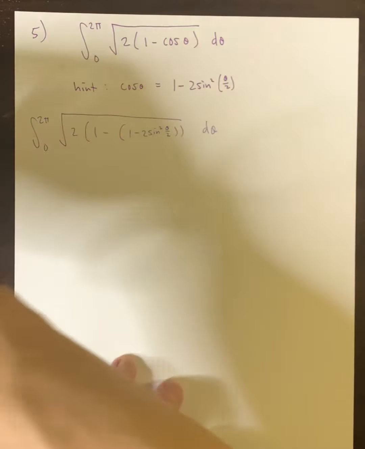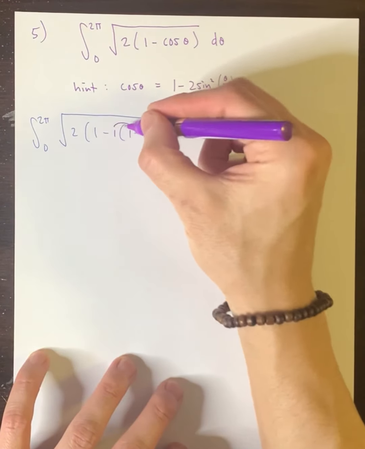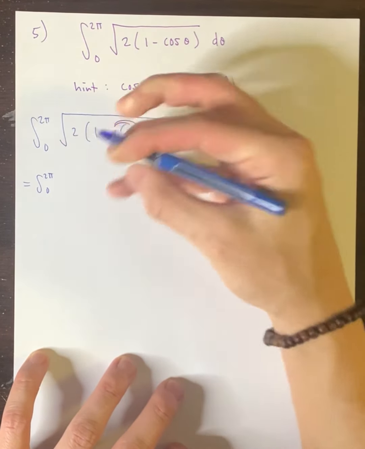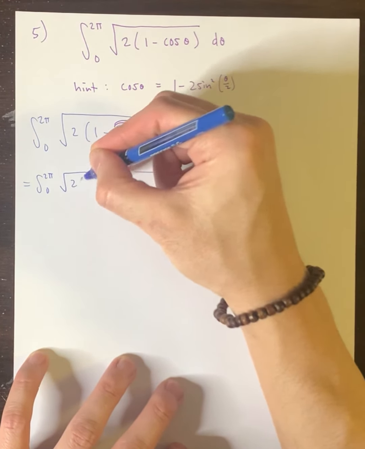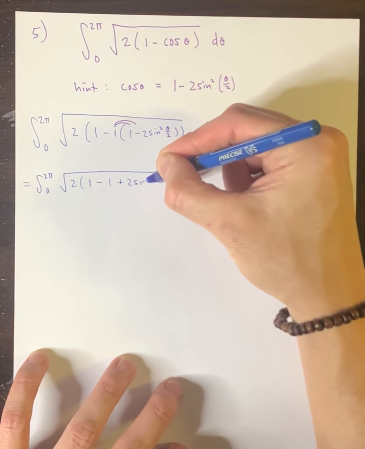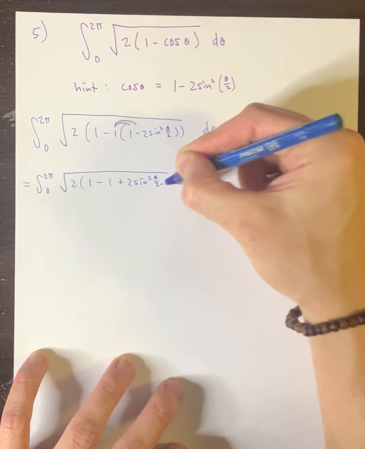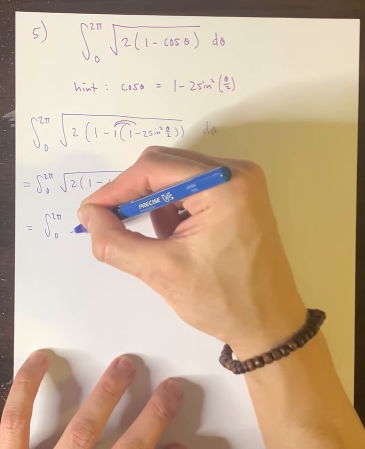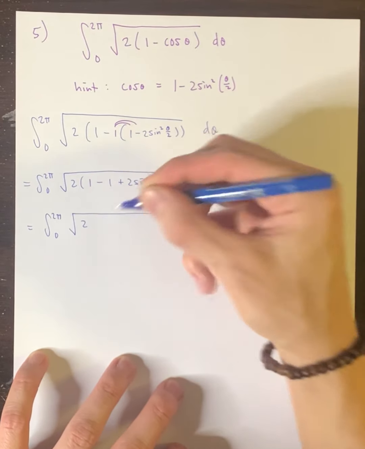Now, why don't we drop a 1 here and distribute? So we have 0 to 2 pi, those being our limits of integration, it'll be 1 minus 1 plus 2 sine squared of theta halves, d theta, 0 to 2 pi, square root 2.